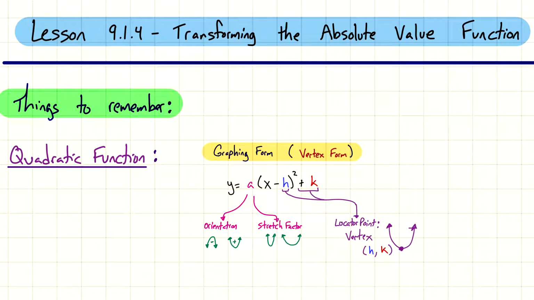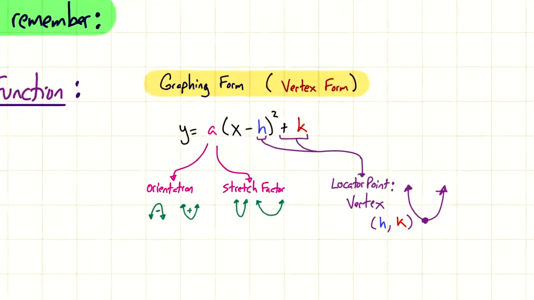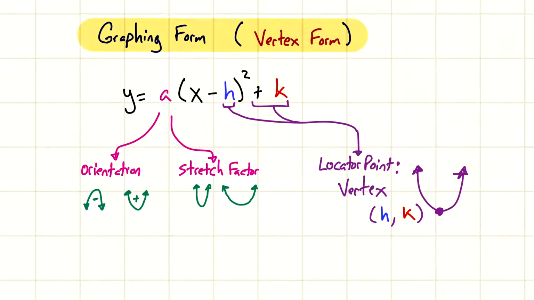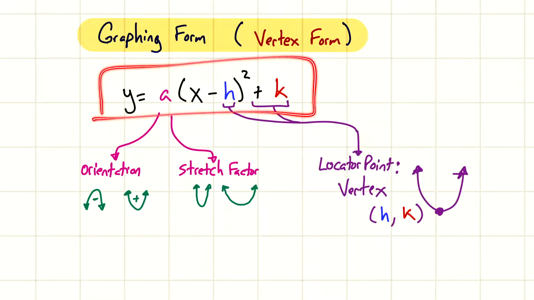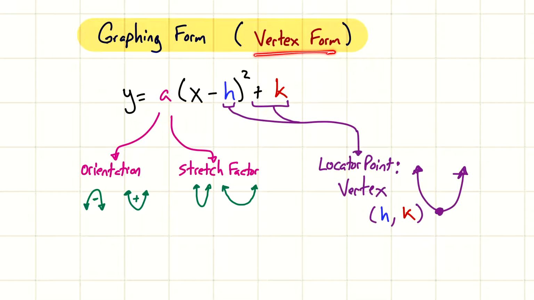So in addition to quadratic function having standard form or factored form, we just finished talking about graphing form, also known as vertex form. The benefit of this form is just like the name says, vertex form.